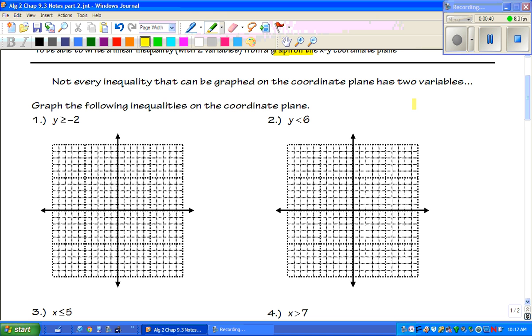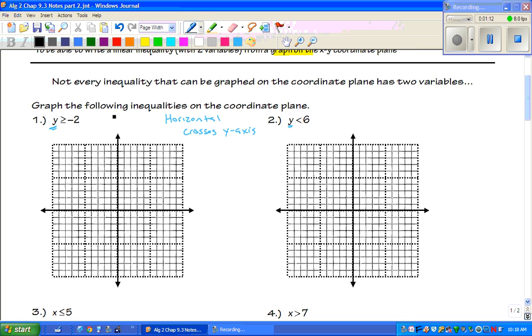Now, remember that y equals or x equals, those are special cases. Whenever it's a y graph right here, it's going to be a horizontal line, okay? And if it's horizontal, we have to make sure that it crosses the y-axis. So, we still need to know if it's going to be solid or dotted.